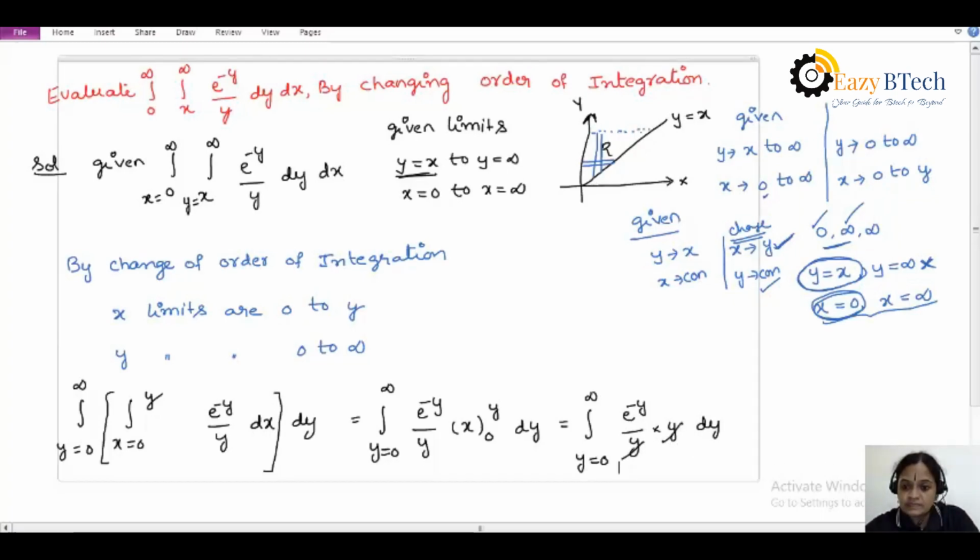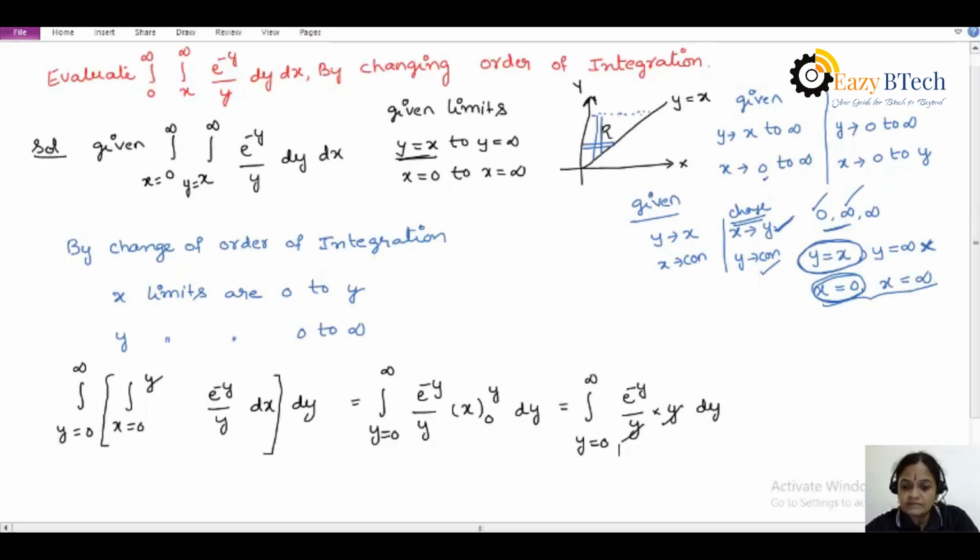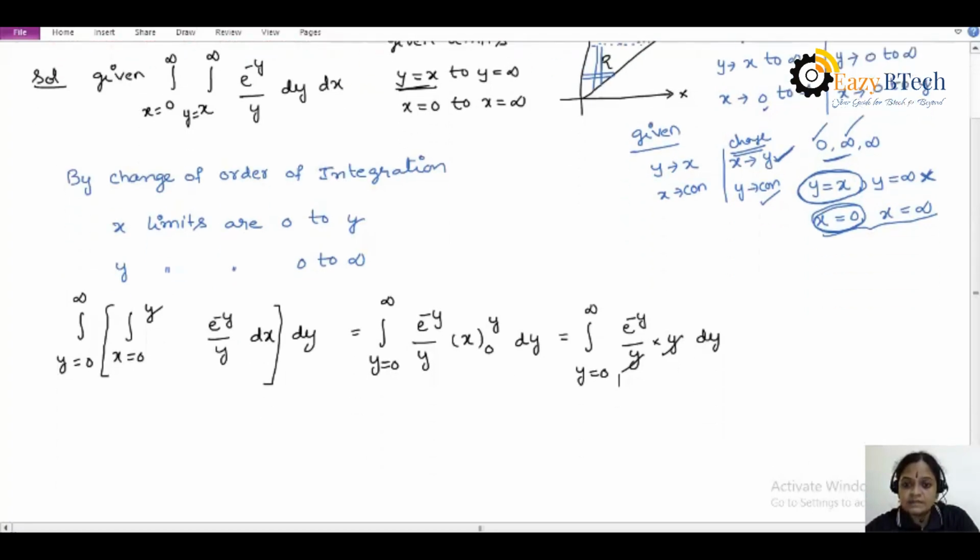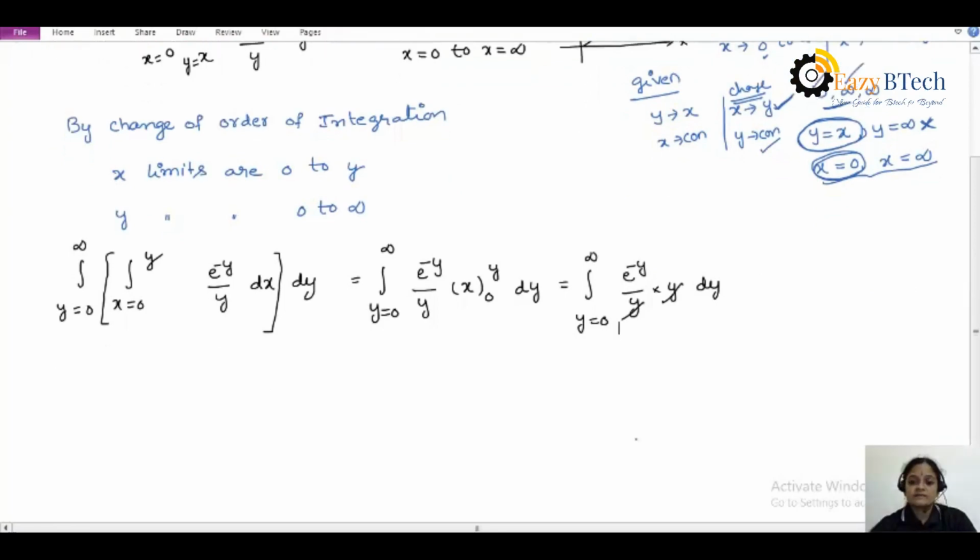So now the remaining term is e power minus y here. I have to do the integration with respect to y. Now I am doing the integration: integral y is equal to 0 to infinity e power minus y dy. The integration of e power minus y is e power minus y by minus 1, with limits 0 to infinity.